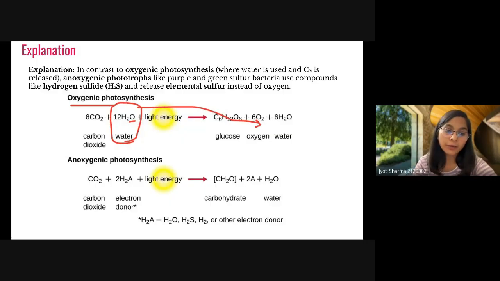But if the electron donor is not water but something else, say H2A, where A can be anything, then it will give you a carbohydrate plus 2A, and this 2A is not oxygen. That's why this is known as anoxygenic photosynthesis.